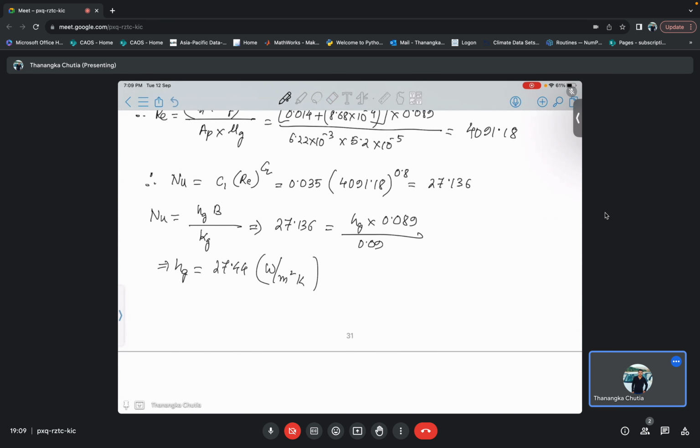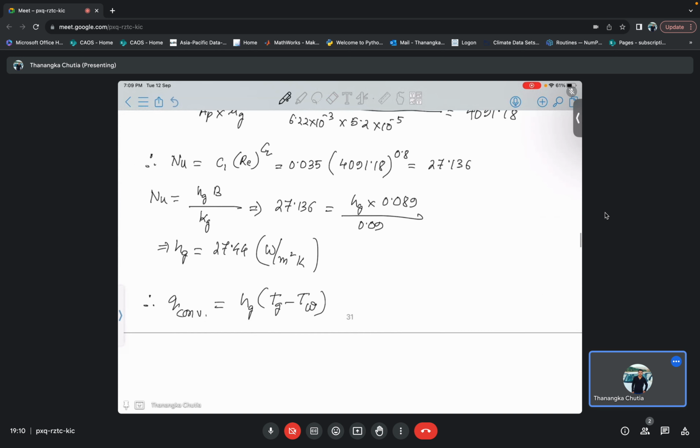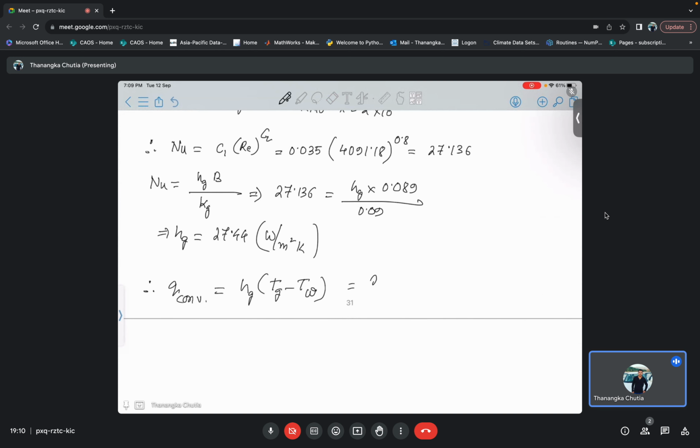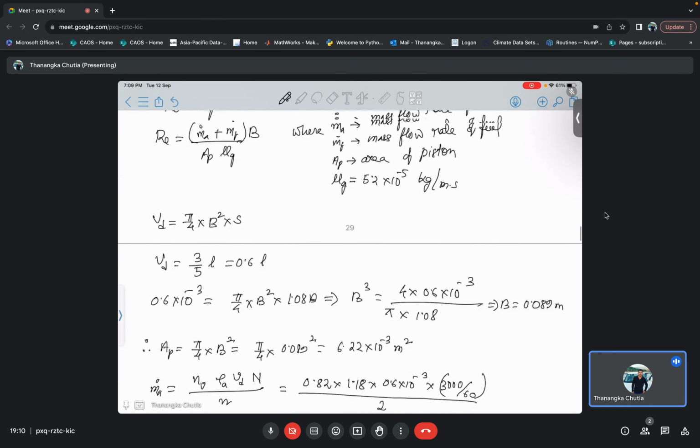Now therefore Q convection will be equal to Hg into Tg minus Tw. Okay, so Hg is 27.44, and remember, the difference whether you write in Kelvin or degree Celsius doesn't change.